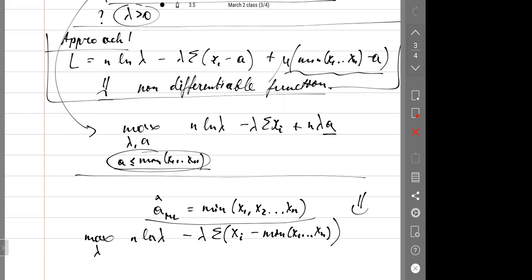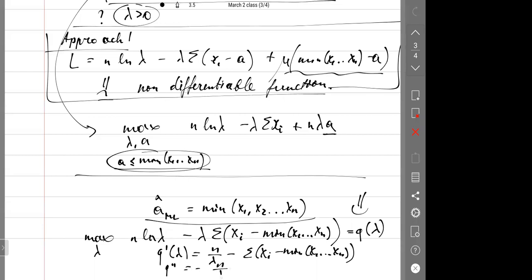If we denote this function as q of lambda, then q prime is n over lambda minus the sum of xi minus the minimum of x1 through xn. The second derivative q double prime is minus n over lambda squared. In that case, we have no technical problems to optimize.